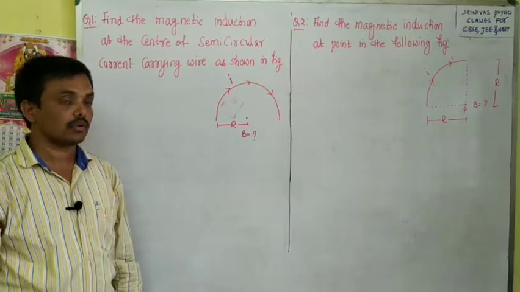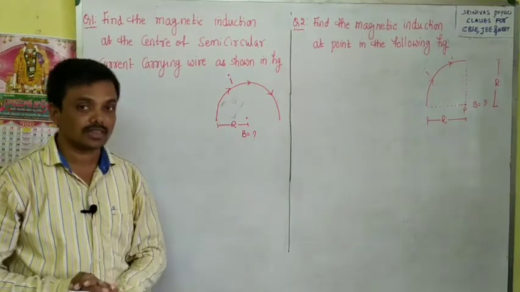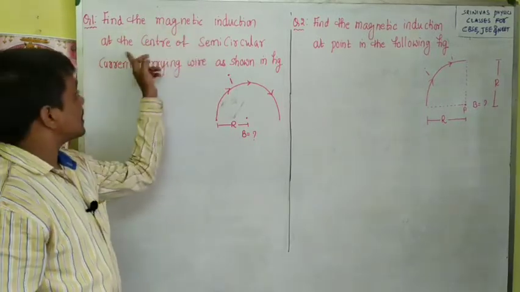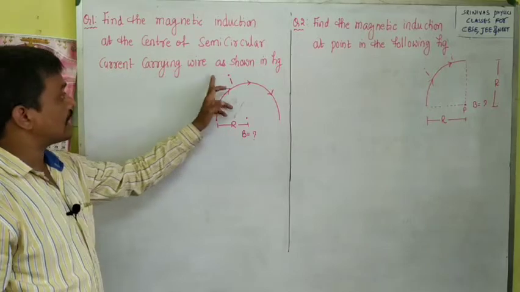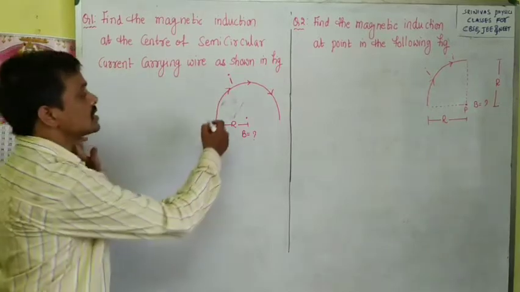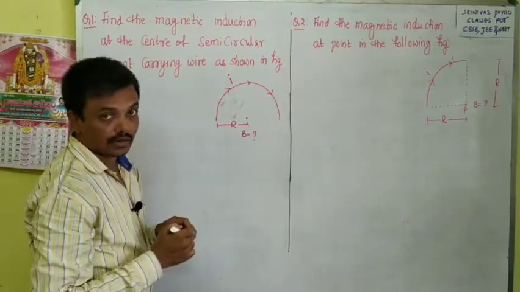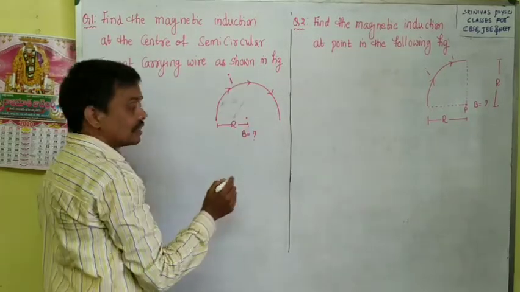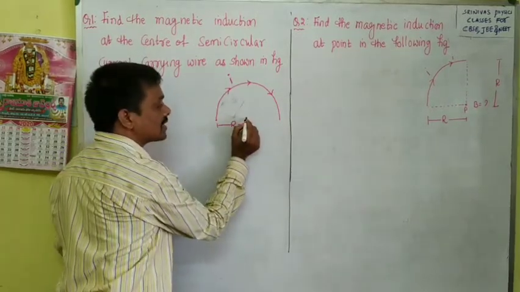That formula we have to use to solve these two problems. Find the magnetic induction at the center of a semicircular current carrying wire as shown in the figure. This is a semicircular current carrying wire with radius capital R, carrying current I. Then we have to find out the magnetic induction at the center.